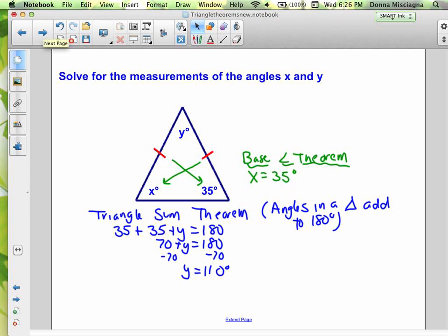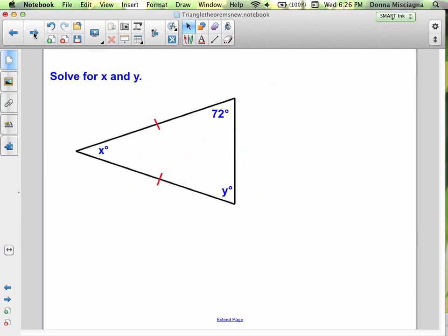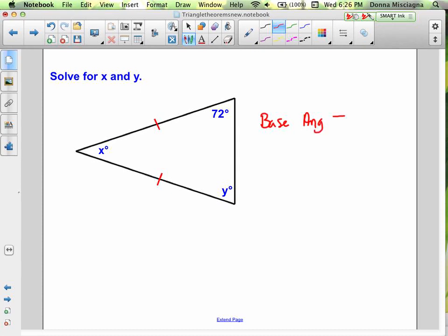All of our problems here are going to involve base angle theorem, and many of them will also involve triangle sum theorem. So we want to solve for x and y. Here, y would be the one to solve first. We're going to use base angle theorem. Oops, we need the rest of the word angle.